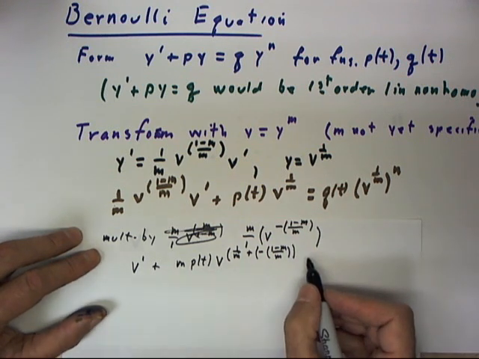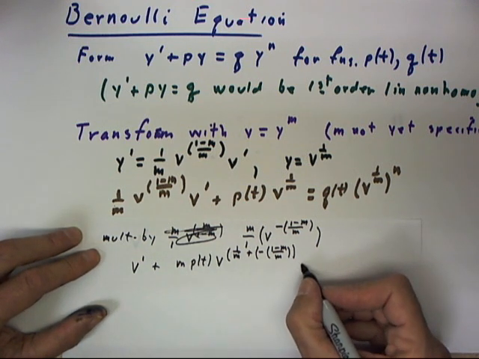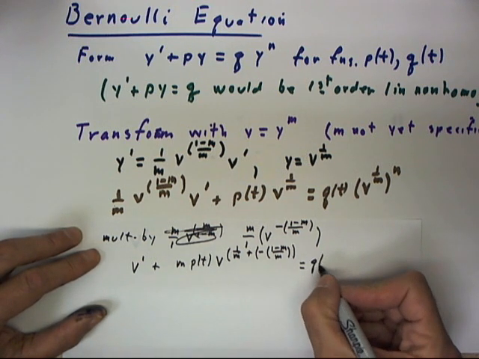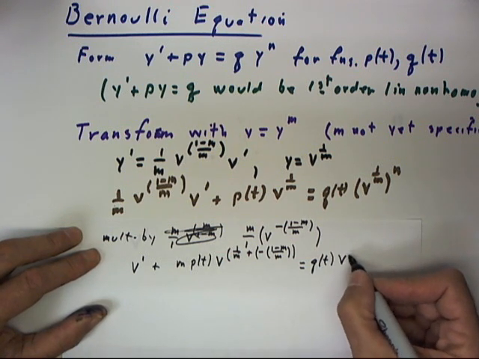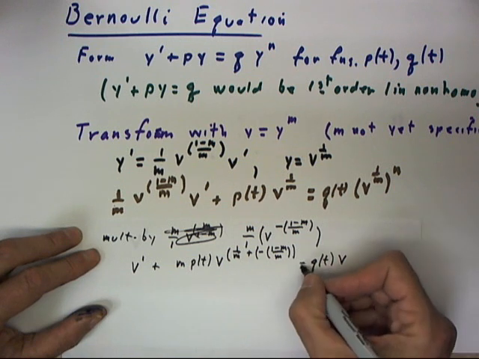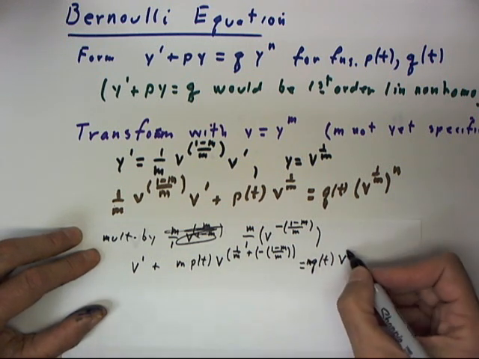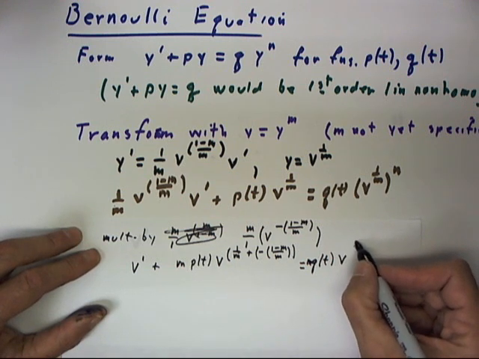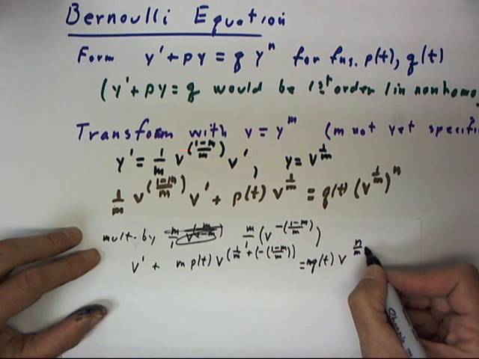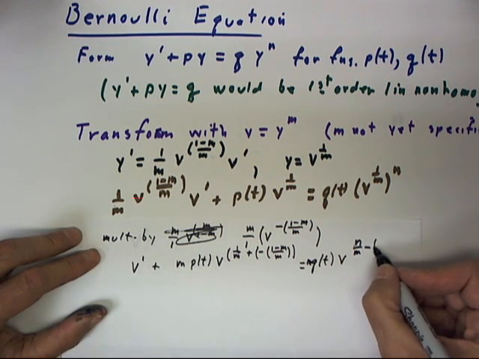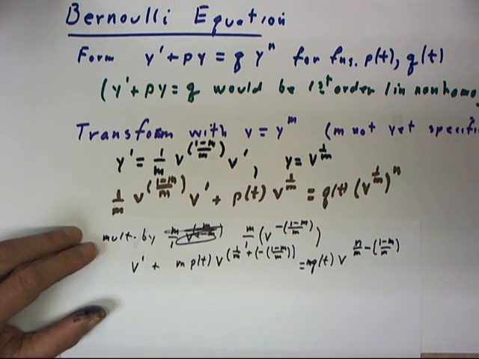Maybe wrote a little bit more there than is really necessary, but this is correct. And that's going to equal q of t multiplied by v to what power? And there's going to be an m. So it's going to be m times q of t times v to what? It's going to be the n over m power minus the 1 minus m over m power.